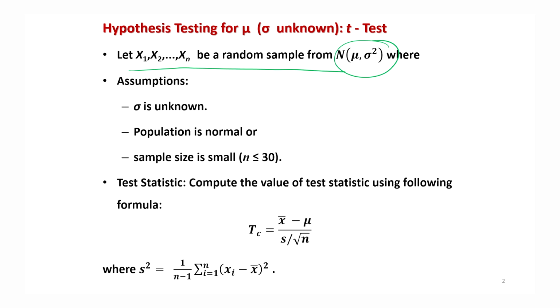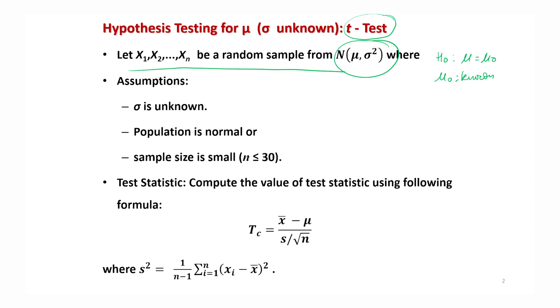We are going to conduct the test of hypothesis for the mean, H naught: mu equals mu 0, where mu 0 is some known constant value. And this will be done by the t-test, that is small t, the name of the probability distribution. If you recall, we have done chi-square, t and F sampling distributions, so that is the same t.